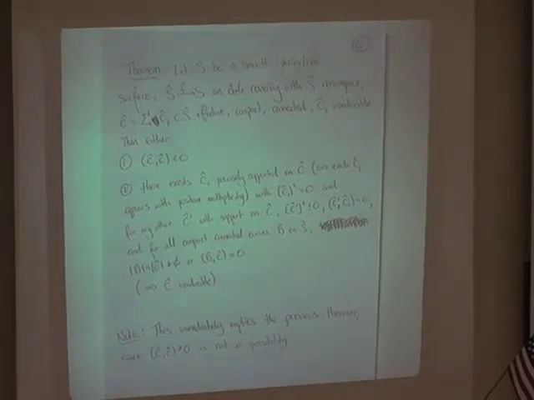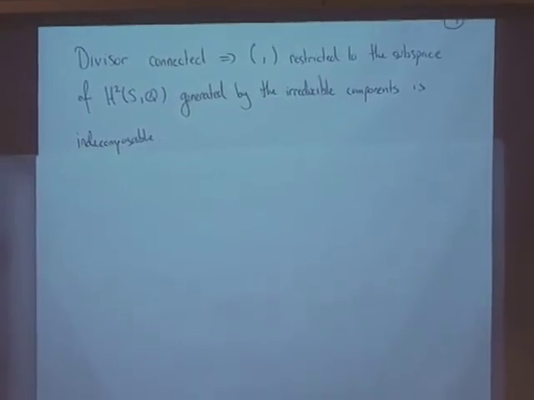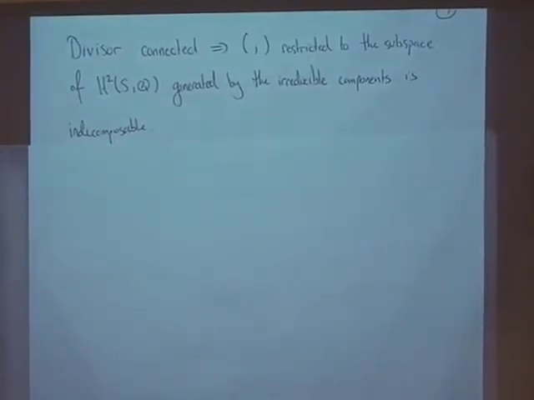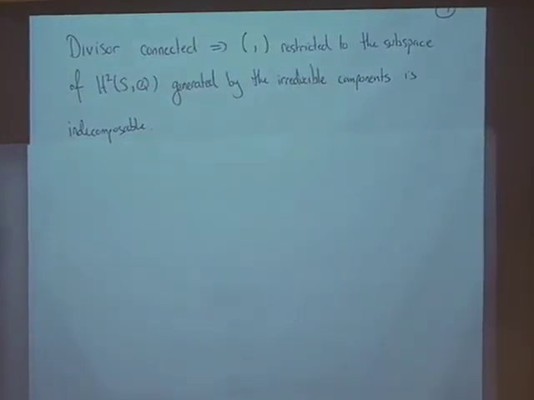And the divisor being connected tells you that when you restrict the intersection form to the subspace spanned by those irreducible components, you're getting an indecomposable quadratic form. What does that mean? When you write down the matrix, it doesn't have blocks. Because if I had blocks, then I would be able to divide my divisor into two pieces that don't intersect.